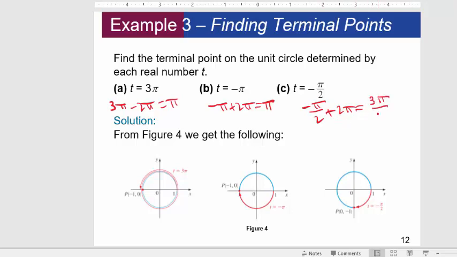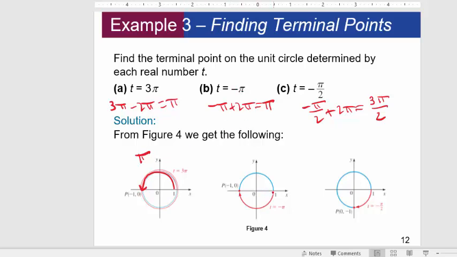So this is going to be coterminal with 3 pi over 2. So to get 3 pi, technically I would wrap around one complete rotation and then half of another rotation. But as we said, it's the same as pi. It's coterminal with pi.